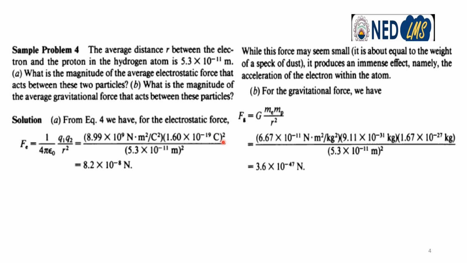Whereas in gravitational force we use the mass of the electron and the mass of the proton separately, because the mass of the proton and the mass of the electron are different, but the magnitudes of the charges are the same. So here the Coulomb's force will be 8.2 into 10 to the power minus 8, whereas the gravitational force will be 3.6 into 10 to the power minus 47 Newton after the overall calculation.